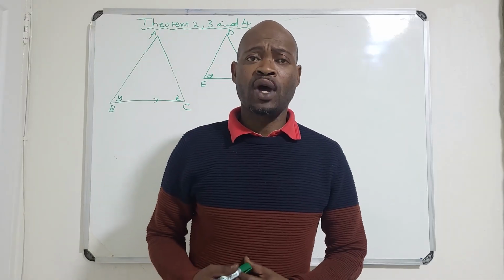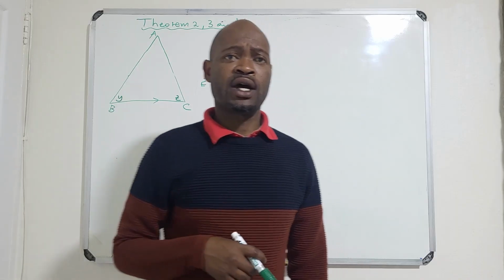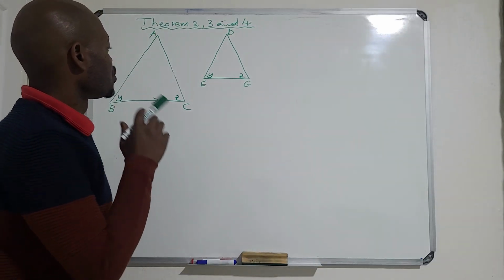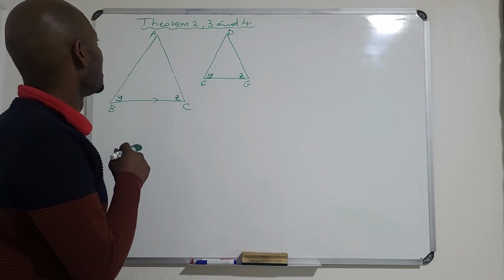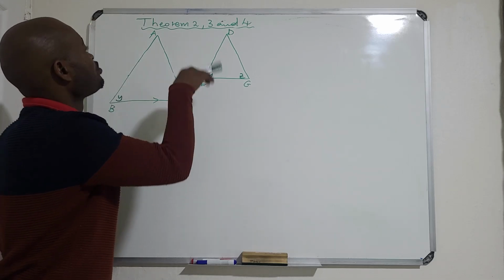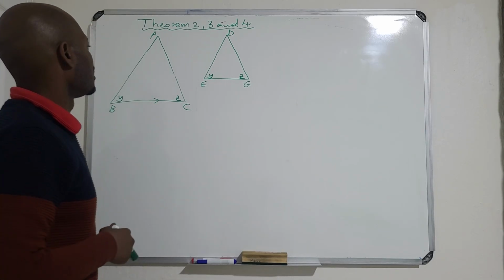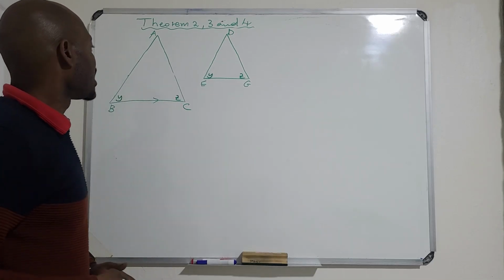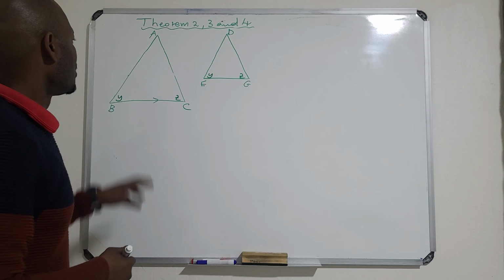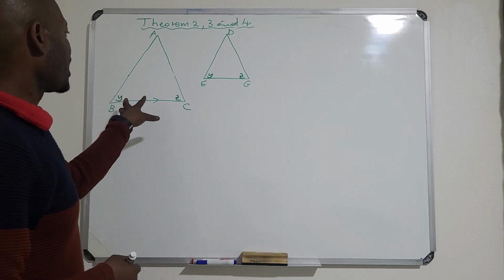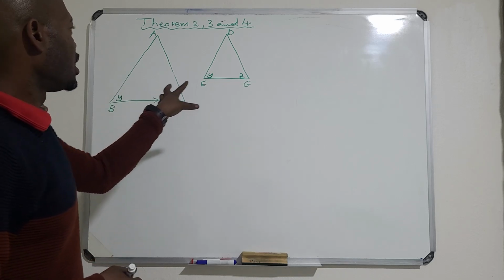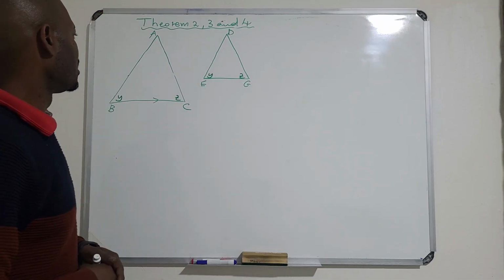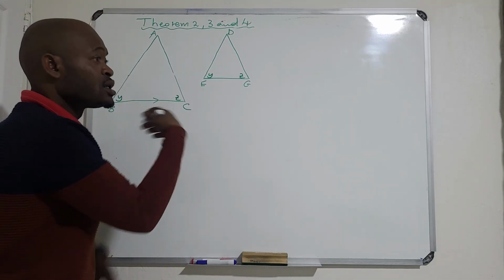I just want to add something on equiangular triangles. We have said that two triangles are equiangular when the corresponding angles are equal. Not only when all the corresponding angles are equal, but even when two interior angles of one triangle are equal to two interior angles of another triangle, then the two triangles are equiangular.